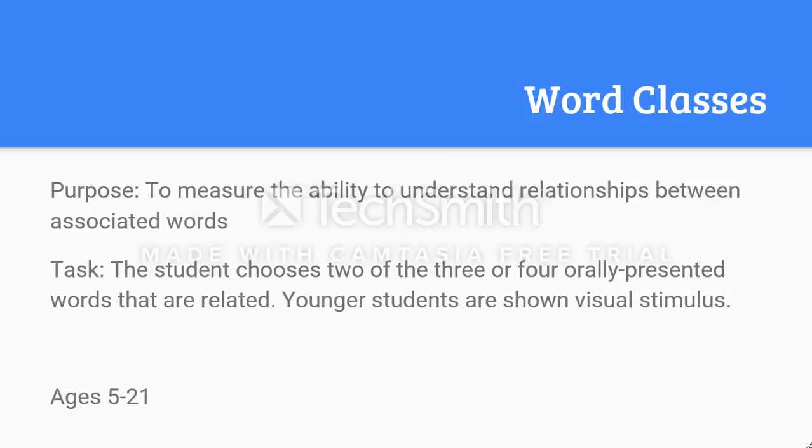An example of how it is administered is the examiner shows a page from the stimulus book with a picture of a marker, a pencil, and a strawberry, and then the examiner directs the child to choose which 2 go together best. So the child would need to choose marker and pencil. And this is appropriate for ages 5 to 21.